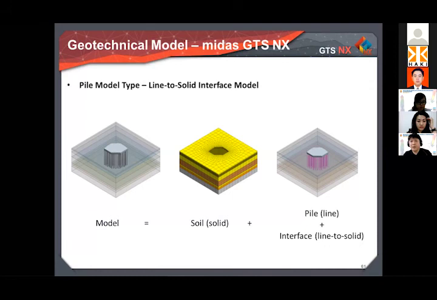But the problem is that the model becomes too heavy to analyze. A solution that can also be done in GTS-NX is to consider the pile as a lot of beam-type elements, so converting a line to beam and creating an interface to simulate its behavior. So the model is equal to the soil, which is composed of solid mesh, plus the piles, which are lines converted to beams, and the line-to-solid interface.